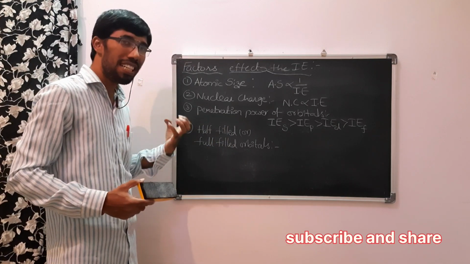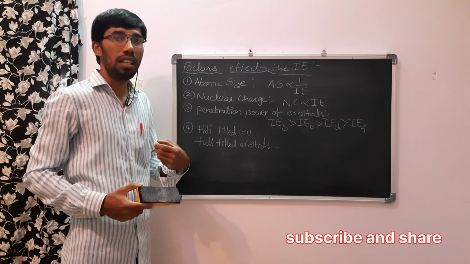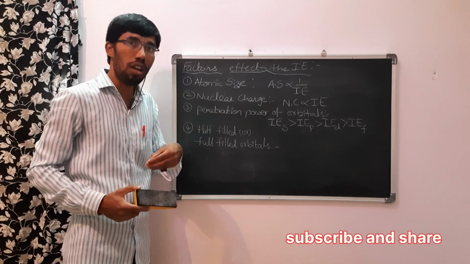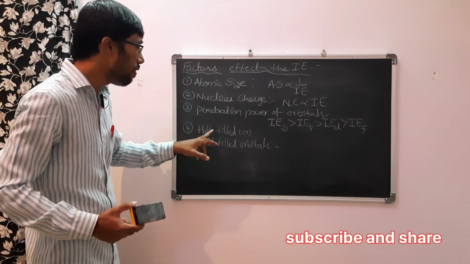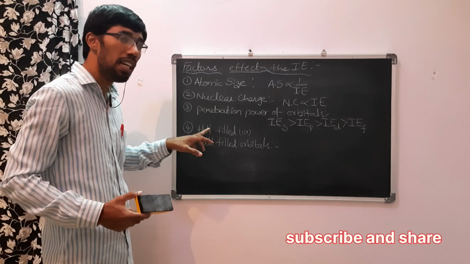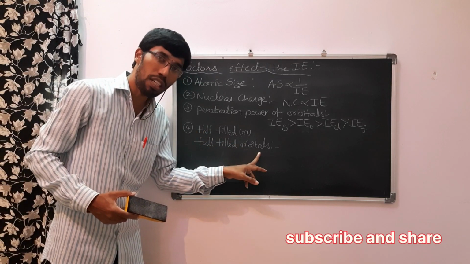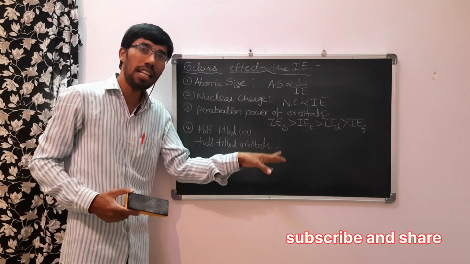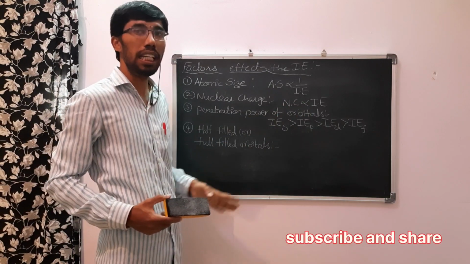We know that if the stability of an atom increases, then removal of an electron will require more energy. So for atoms which have half-filled or fully filled orbitals, the ionization energy also increases.